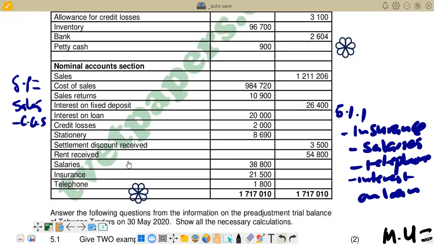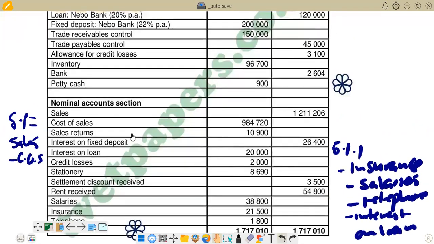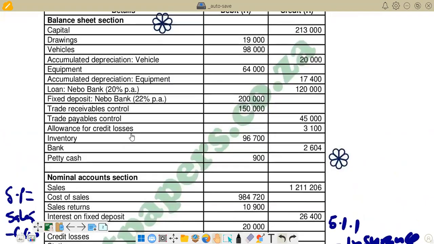So you get the figure there on top. So you see this fixed deposit, which we have here, that is the 22% is the figure that they are asking.